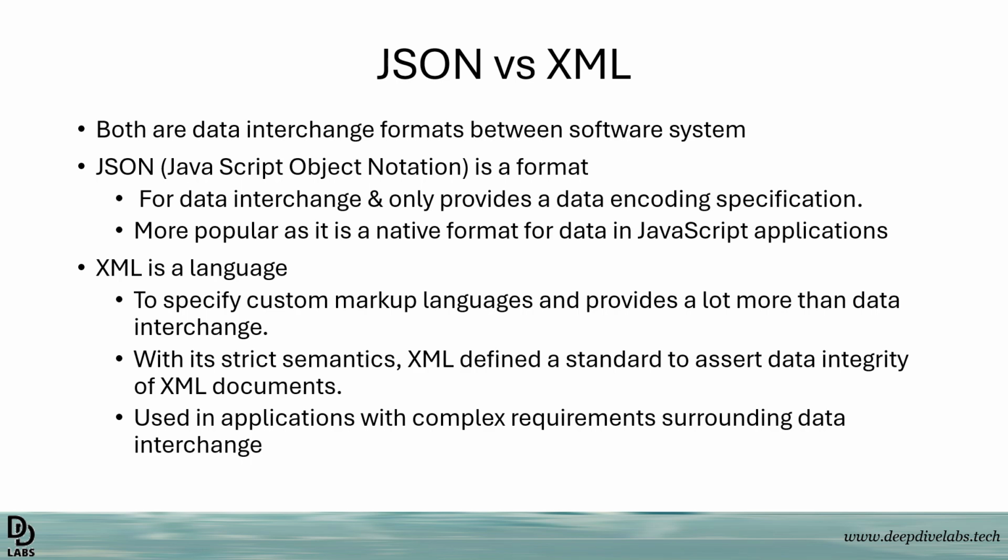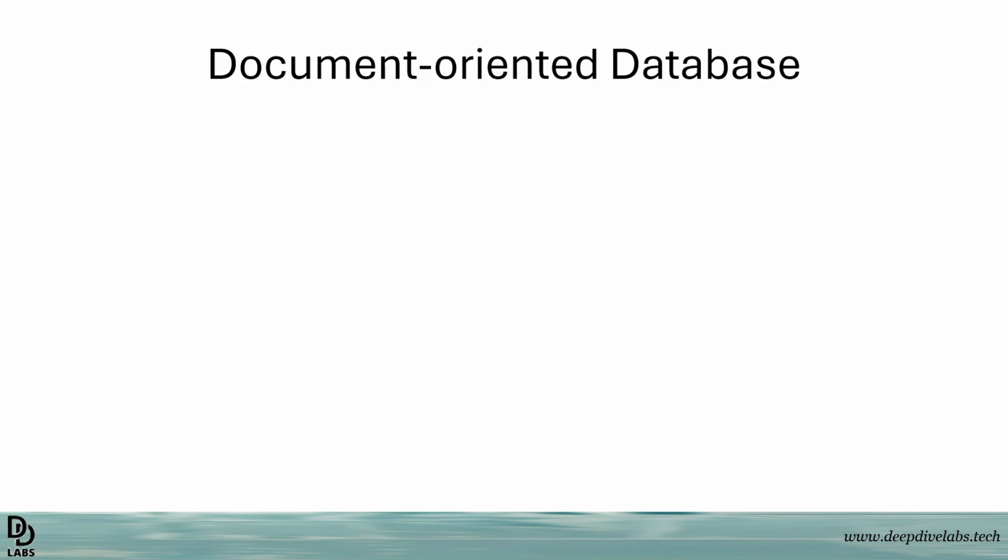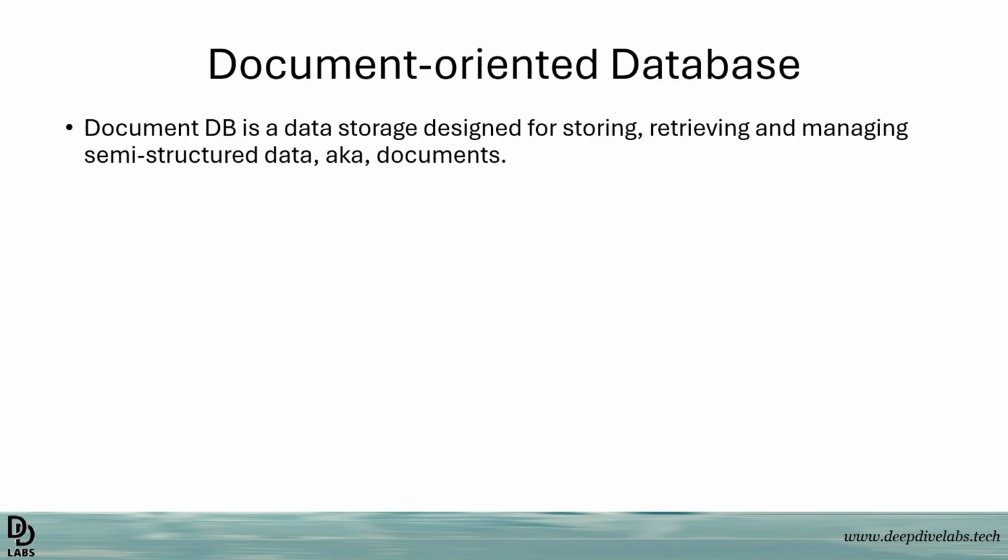So now let's look at that. A document-oriented database is a data store designed for storing, retrieving, and managing semi-structured data, which are also called documents, right? So now you can start seeing this relationship. Your document can be in XML format, your document can be in JSON format.